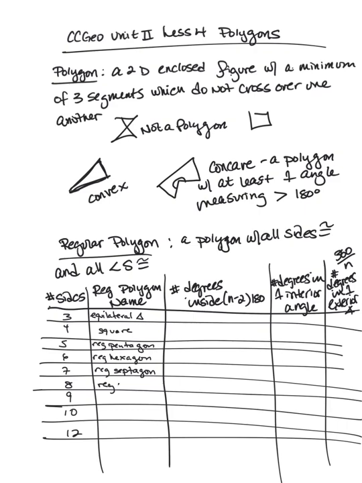Eight-sided is a regular octagon. That's your typical stop sign. Nine-sided is a regular nonagon. 10-sided is a regular decagon. And 12-sided is a regular dodecagon.